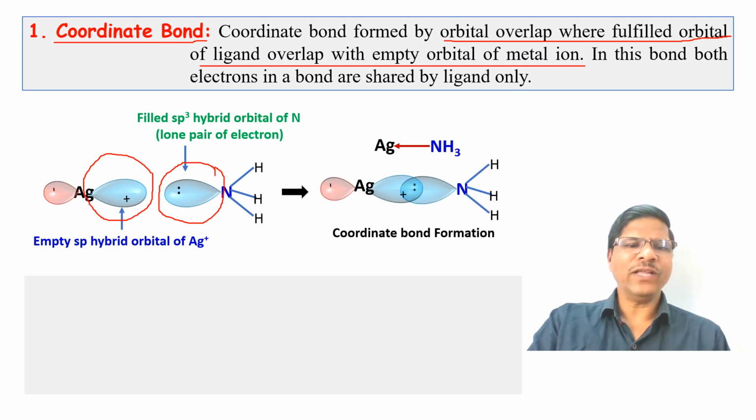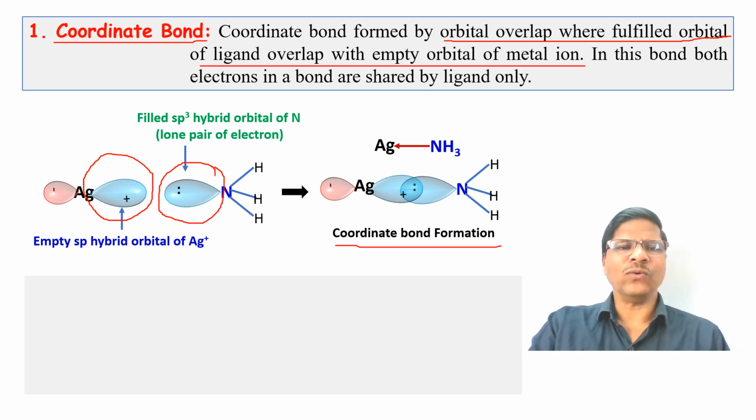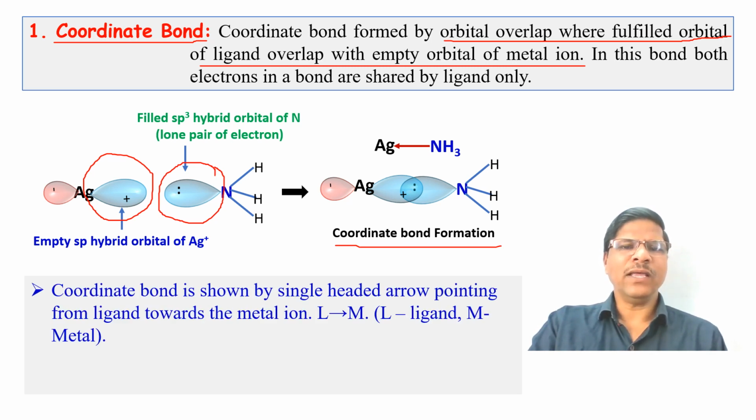They will overlap with each other, and after overlap we get the bond between silver and nitrogen of ammonia molecule, which is nothing but the coordinate bond. So the filled sp3 hybrid orbital of the nitrogen overlaps with the empty hybrid atomic orbital of the silver, and we get the formation of bond between ammonia and silver in the Ag(NH3)2 complex.